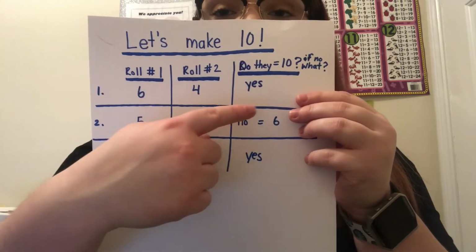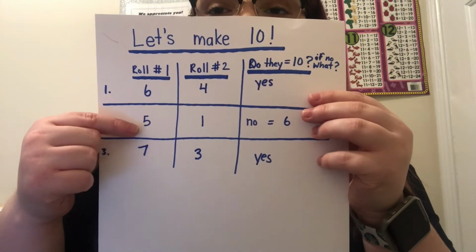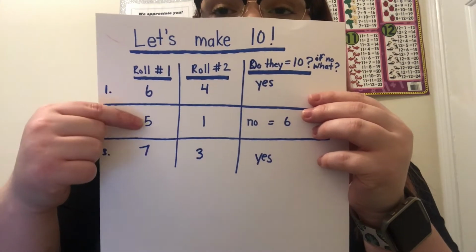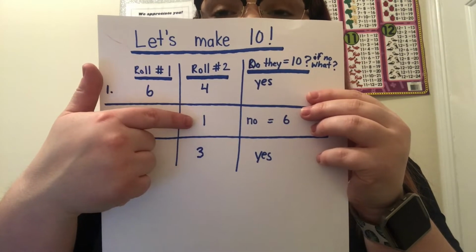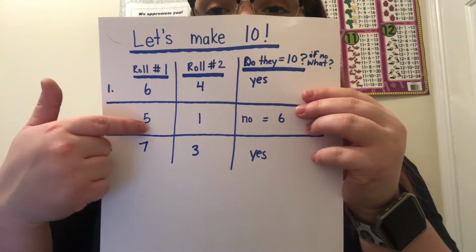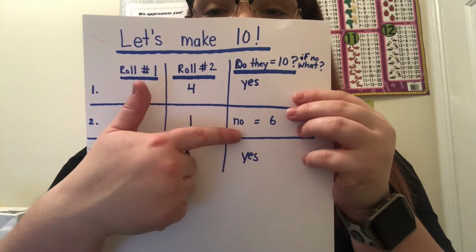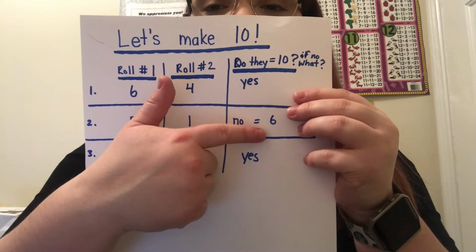So there we would write yes. In this row down here, we have the number 5 in our first roll and the number 1 in the second roll. Now you're going to add them up together. 5, counting on 1 more, equals 6. So over here you're going to write no, and the answer is 6.